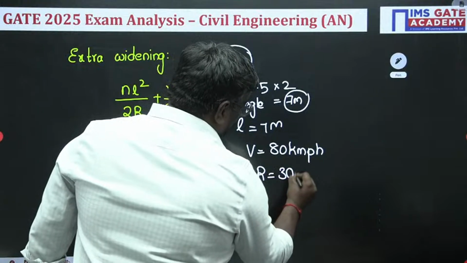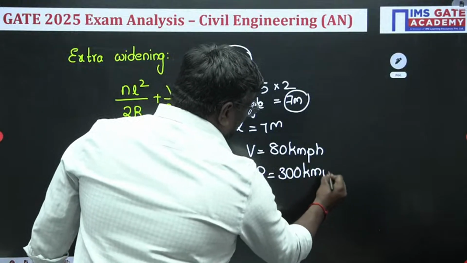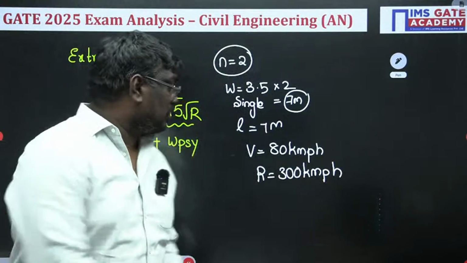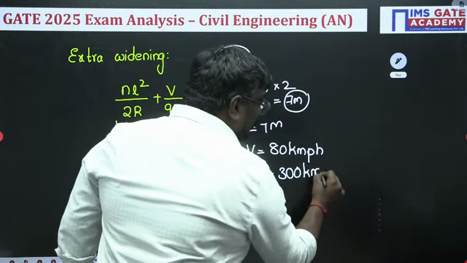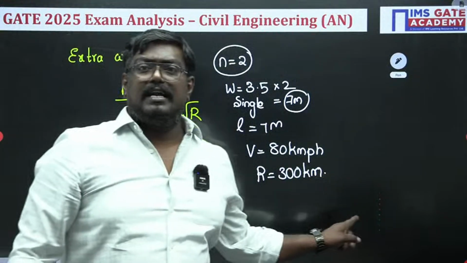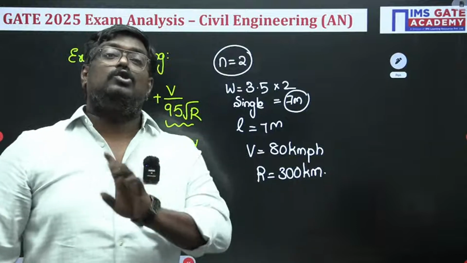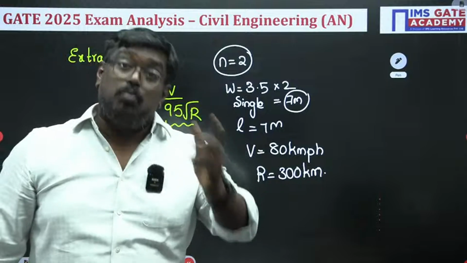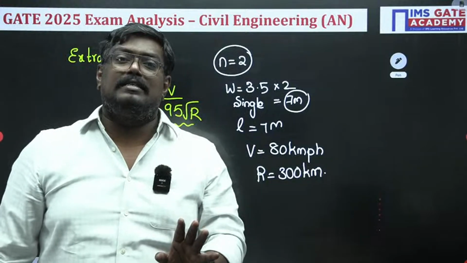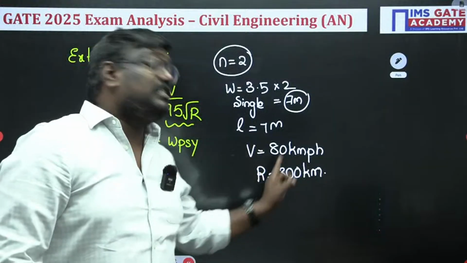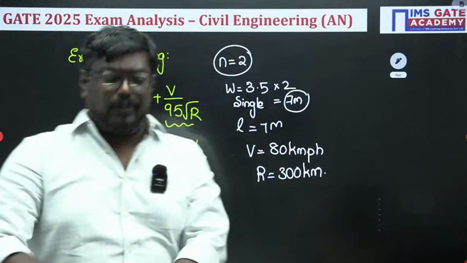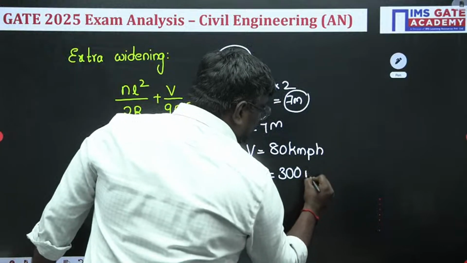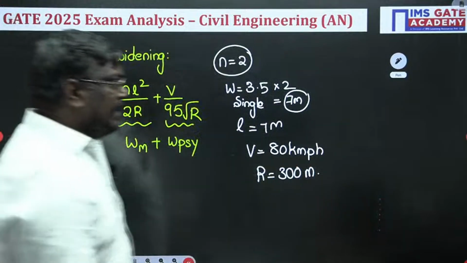Some of the students might be confused. When radius is equal to 300, sorry, not 300 km per hour, radius is equal to 300 meters.